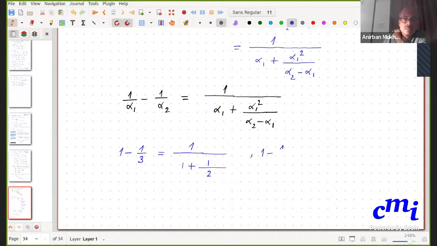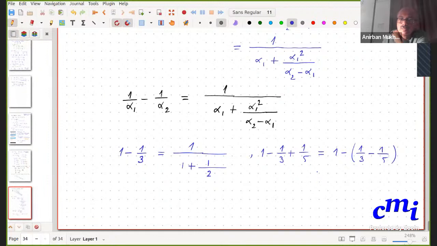Now 1 minus 1/3 plus 1/5. So we have to use the formula twice. So 1 minus 1/3 minus 1/5.